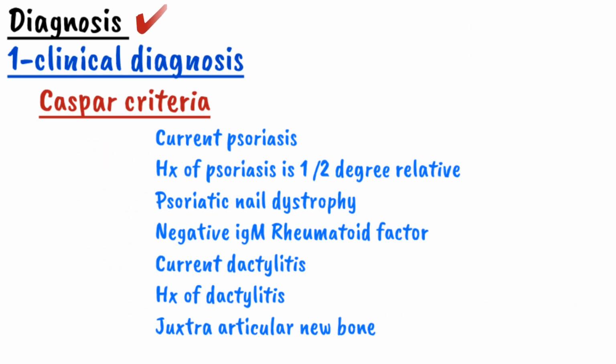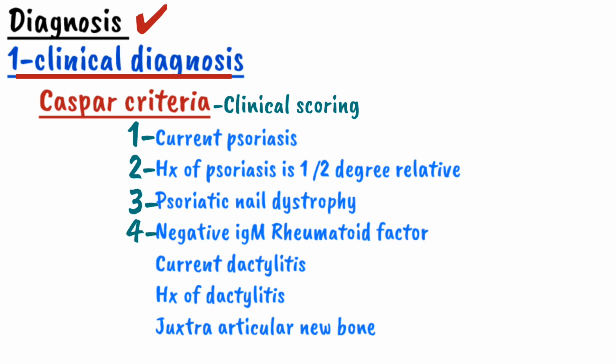Now coming to the diagnosis of psoriatic arthritis. The diagnosis is usually clinical. There is a scoring criteria for diagnosing psoriatic arthritis clinically, called the CASPAR criteria. The CASPAR criteria include current psoriasis, history of psoriasis in a first or second degree relative, psoriatic nail dystrophy, negative IgM rheumatoid factor, current dactylitis, history of dactylitis, and juxta-articular new bone formation.